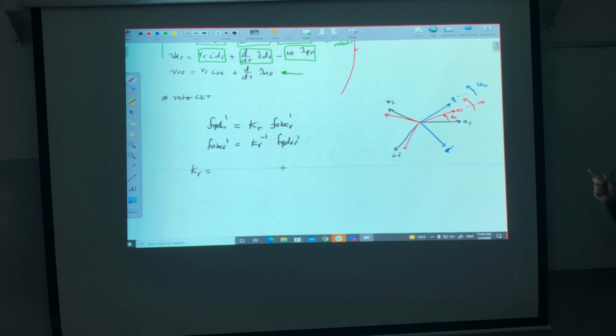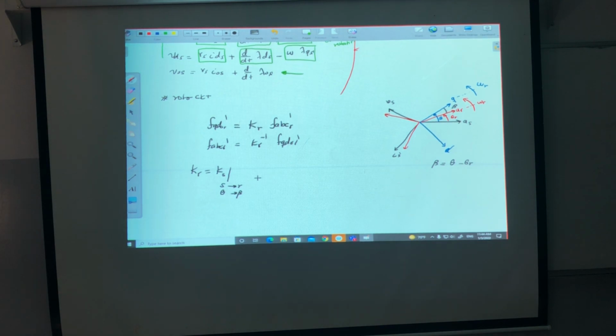Now the angle between AR and Q, let's say this is beta, and beta is equal to theta minus theta R. So simply I can say KR will equal KS such that S goes to R and theta goes to beta, correct?